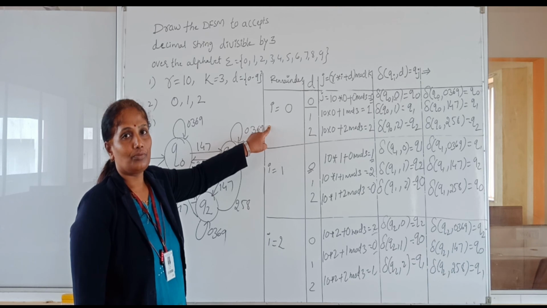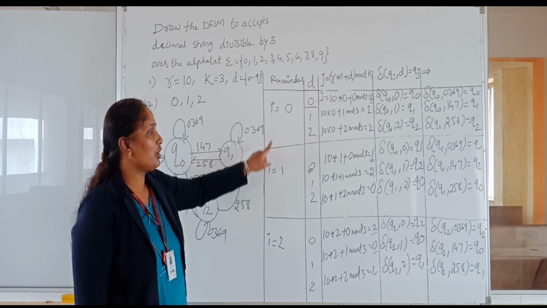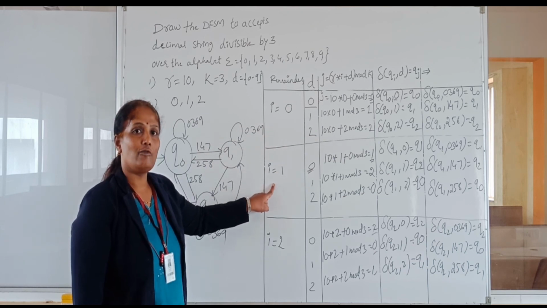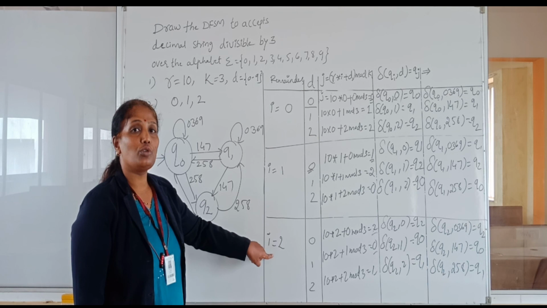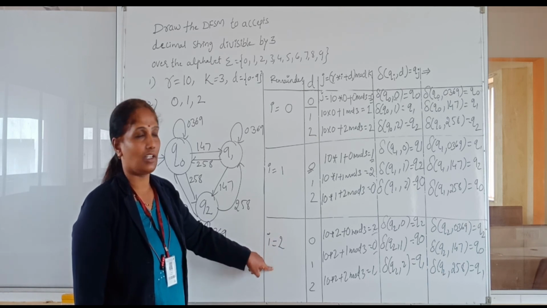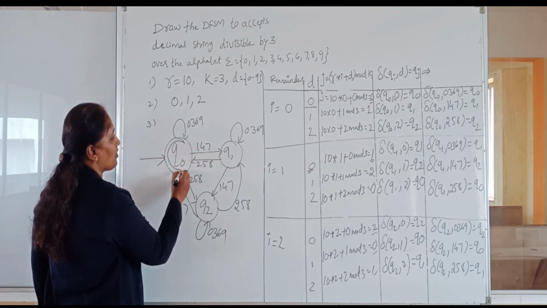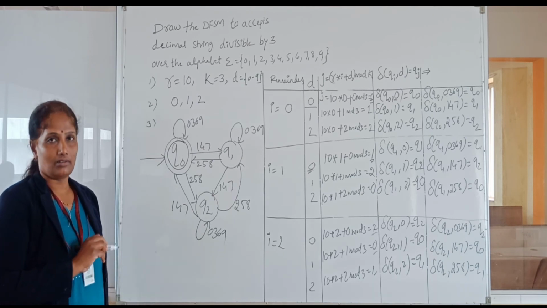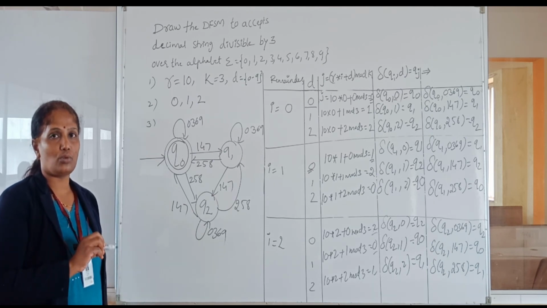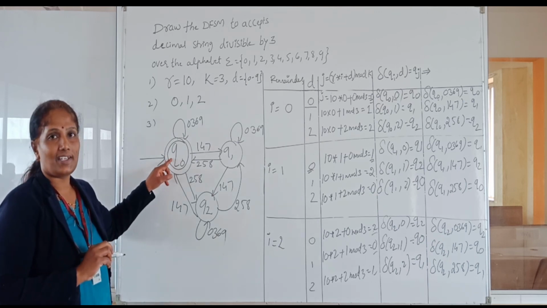Suppose they ask you to draw the DFSM for 1 modulo 3, then you make the first state a final state. When they ask for the DFSM which accepts 2 modulo 3, then you make state 2 the final state. So according to the question, which state will be the final state here? The Q0 state, because you are accepting the decimal numbers which, when divided by 3, leave remainder 0. So you make the Q0 state final.